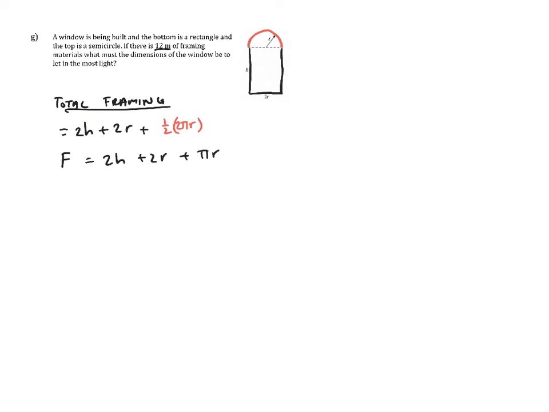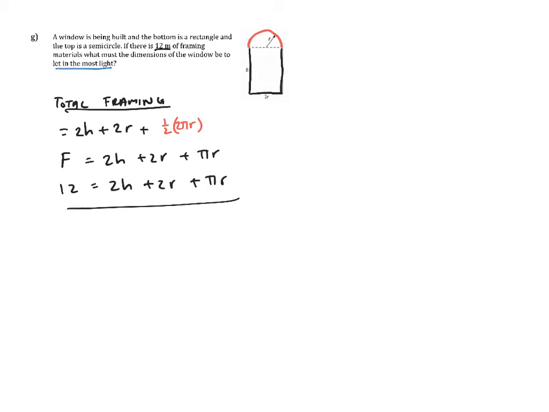So 12 is equal to 2h plus 2r plus pi r, okay? So that's quite cool. And that is not an optimal formula, right? That is just the constraint that was given. So then they ask you, if there's 12 meters of framing, what must the dimensions of the window be to let in the most light?